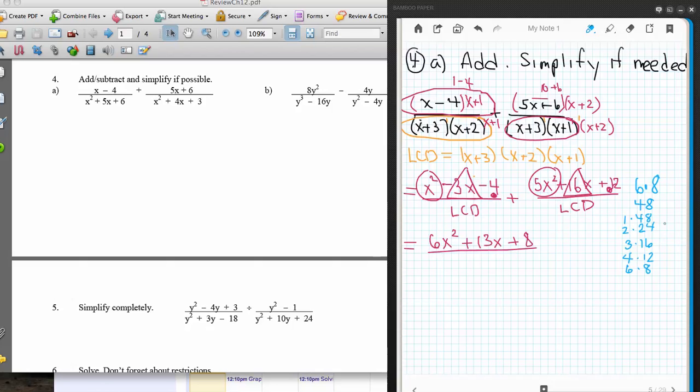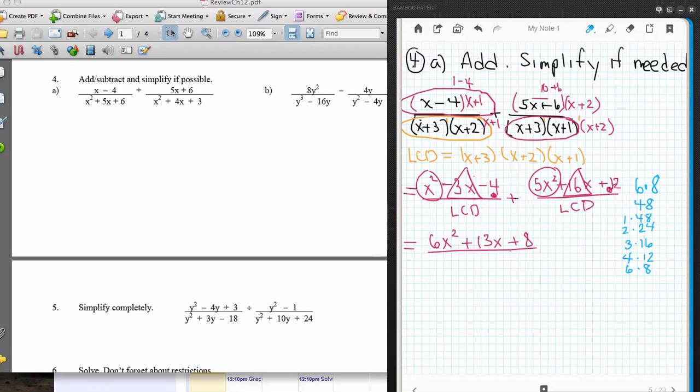So I would look along here and say, okay, 1 and 48, no, 24 and 2, no, 3 and 16, no, 4 and 12, no, and then 6 and 8, no. And so none of them are going to sum to 13.